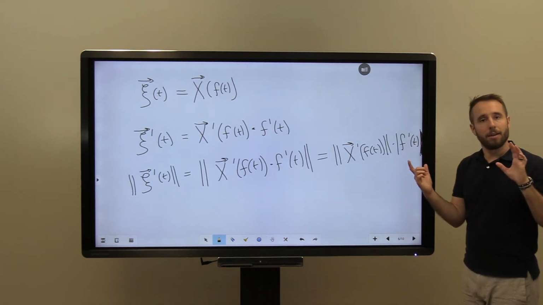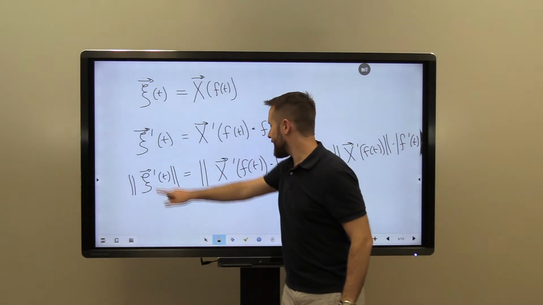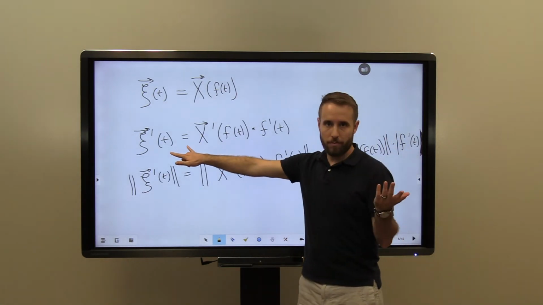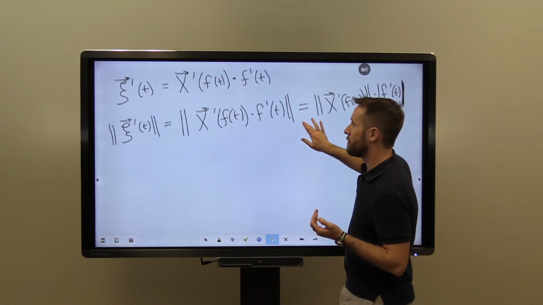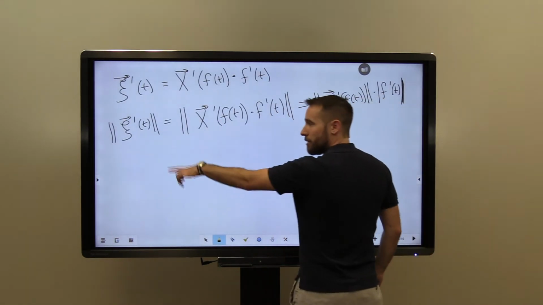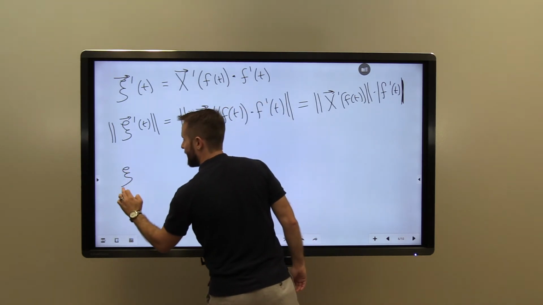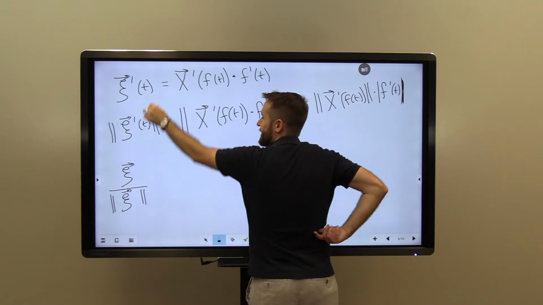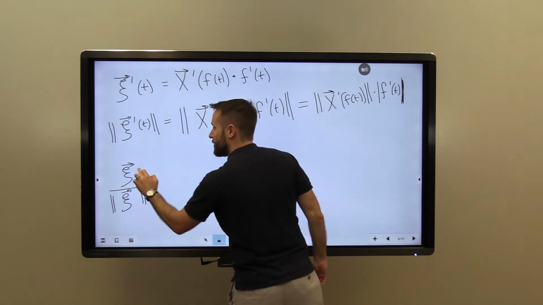Perfect. So now, to calculate the unit tangent vector for xi, what we need to do is take the velocity vector and then divide by its length. So on the left-hand side, our unit tangent vector will just be xi prime divided by the length of xi prime. I'm just going to not write the t's, but we know that this is dependent on time t. And I'm sorry, these should be derivatives here.